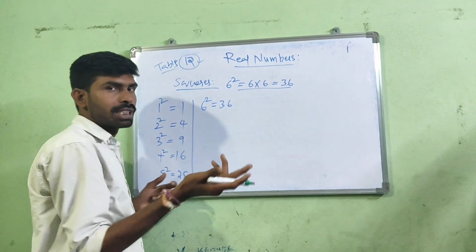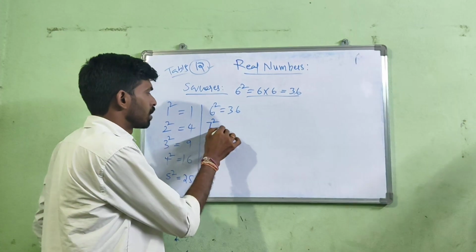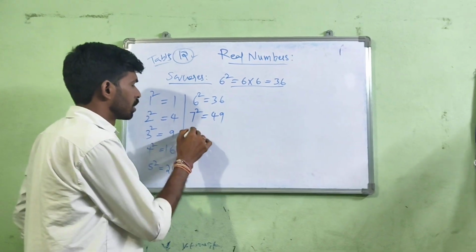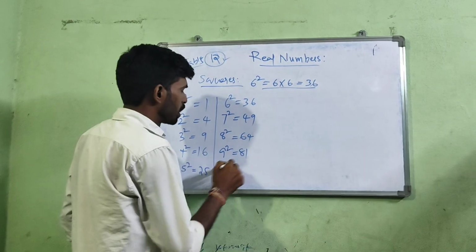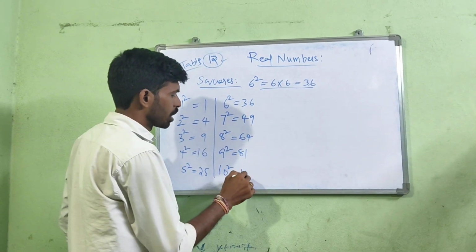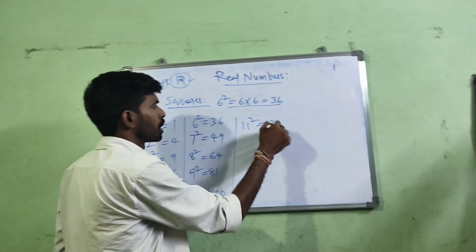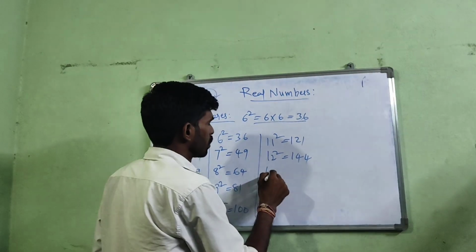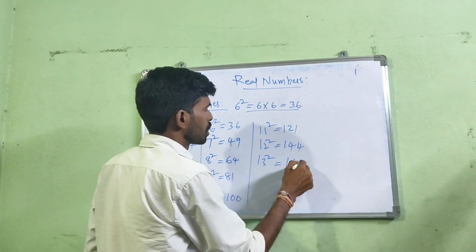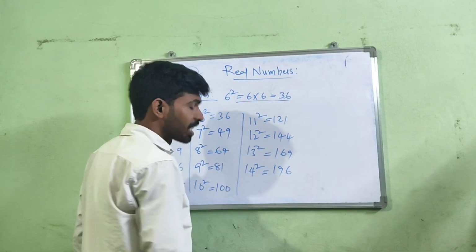Just 6 into 6 is nothing but 36. That we need to know first of all. 7 square 49, 8 square 64, 9 square 81, 10 square 100, 11 square 121, 12 square 144, 13 square 169, 14 square 196.